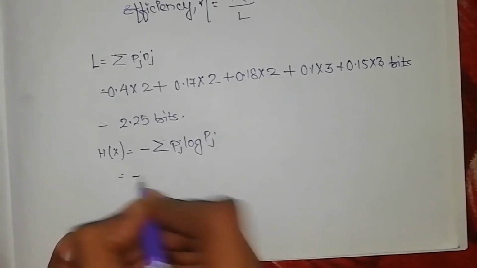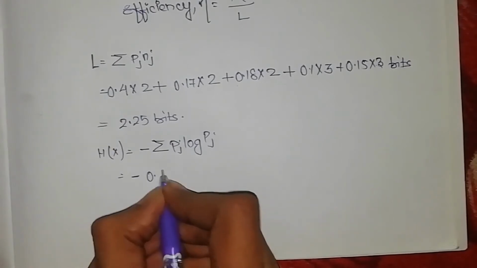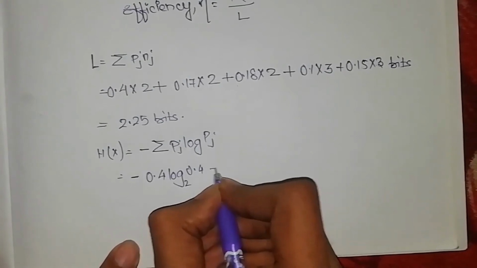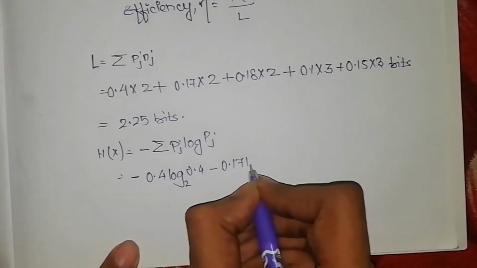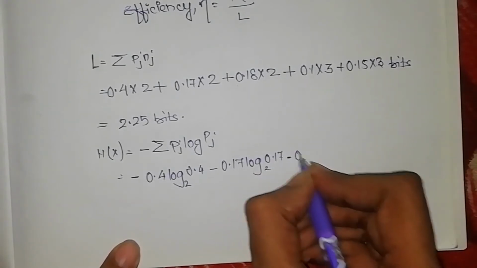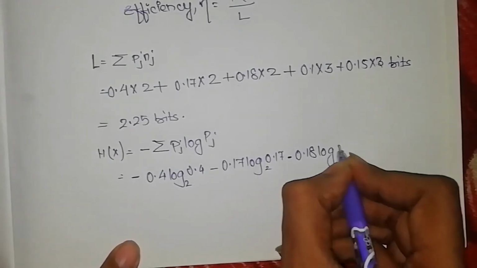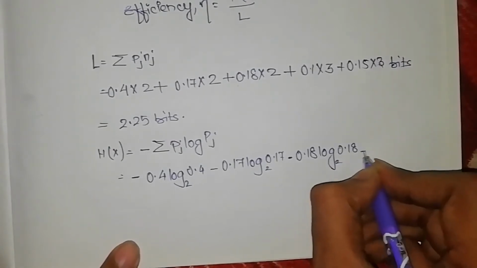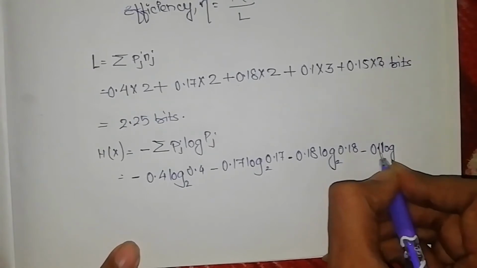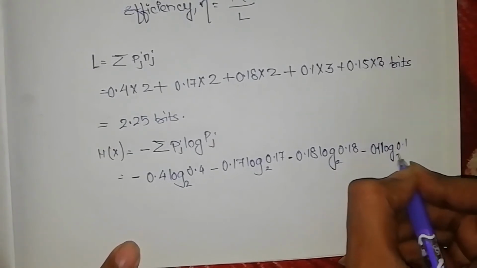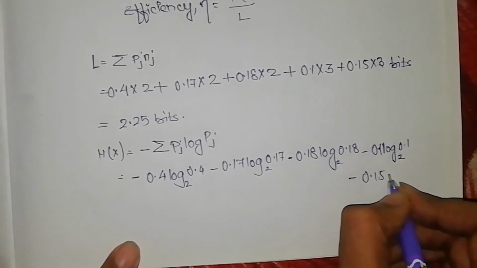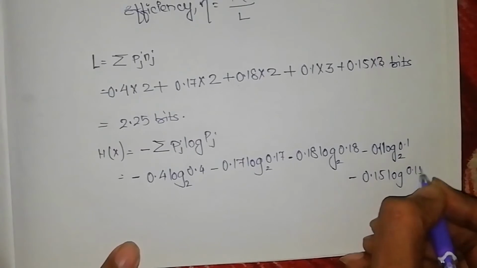So this will be minus 0.4 into log 0.4 and base will be 2, minus 0.17 into log 0.17, minus 0.18 into log 0.18 base 2, minus 0.1 into log 0.1 base 2, minus 0.15 into log 0.15 base 2.